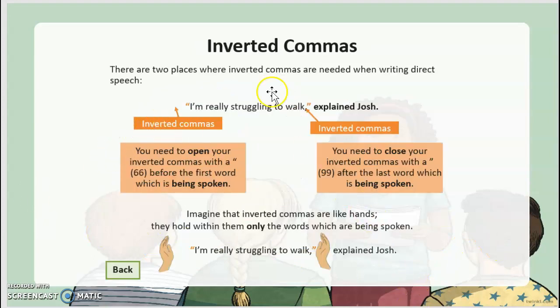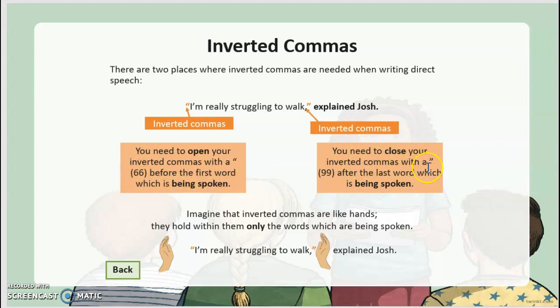So there are two places where inverted commas are needed when we write direct speech. We have them at the start and at the end of the speech. You need to open them with commas that look like this, like the 66. So they go that way. We're drawing them really little though. We don't actually do the loops like in a 6 before which word is being spoken.